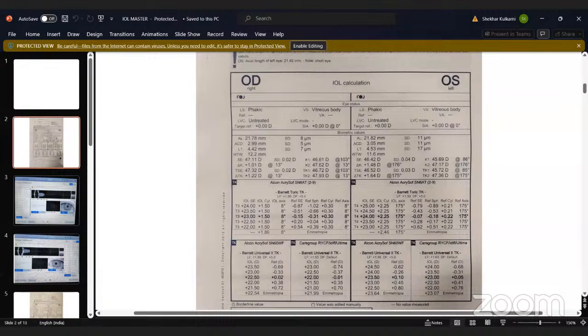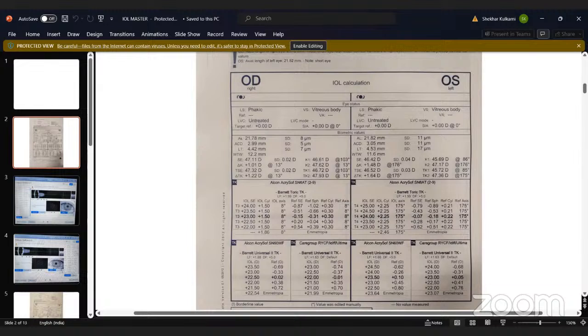And we can use multiple formulas with IOL Master. The most standard which we use is the Barrett's IOL Master calculation. We can use multiple different ones, like Haigis for refractive error, where refractive surgeries have been done previously. Or you can use Hill RBF or Olsen's, or newer methods which we can use.